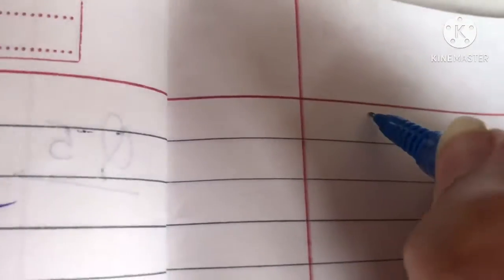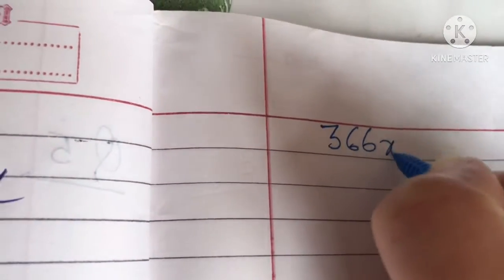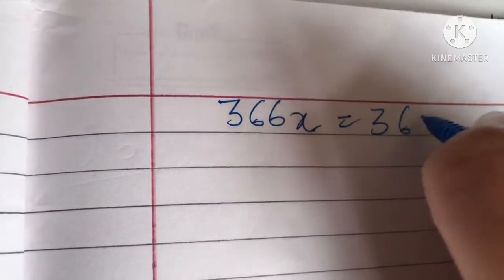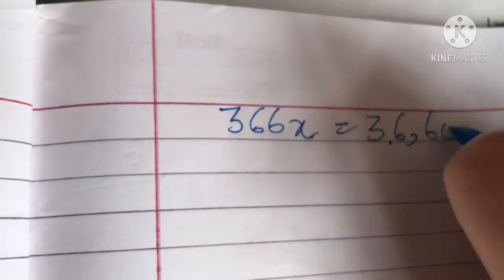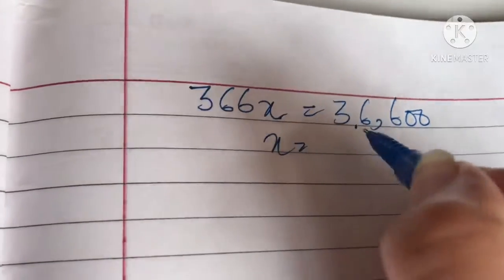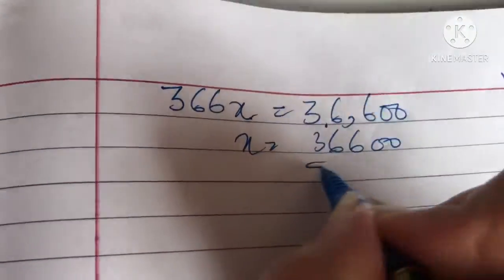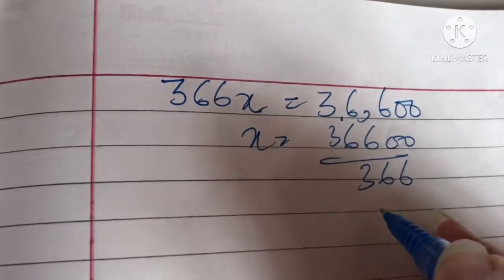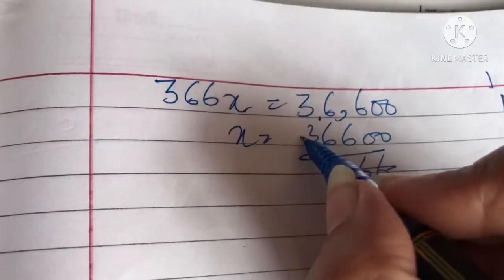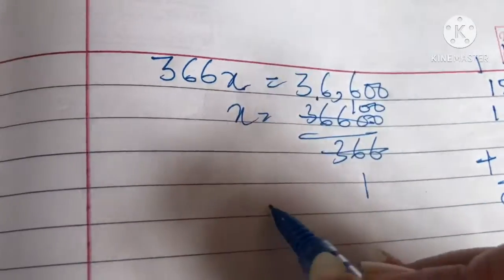So it is 366x is equal to 36,600. Now x is equal to 36,600 upon 366. You can see it is directly getting cancelled.